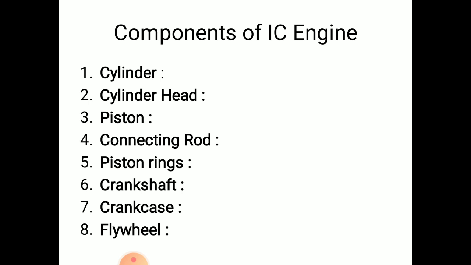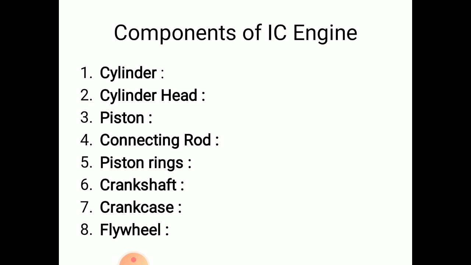Which one is made from the special steel alloy. Crankcase act as a pump for lubricating oil, and which one is made from the cast iron. Last one is flywheel. It stores excess energy during the power stroke and return energy during the other stroke. It maintains the constant speed of the crankshaft.